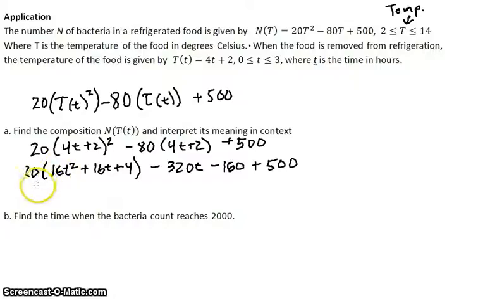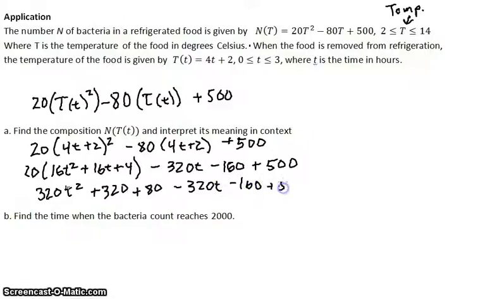Going a little bit further, multiplying these out: 320t squared plus 320t plus 80 minus 320t minus 160 plus 500.